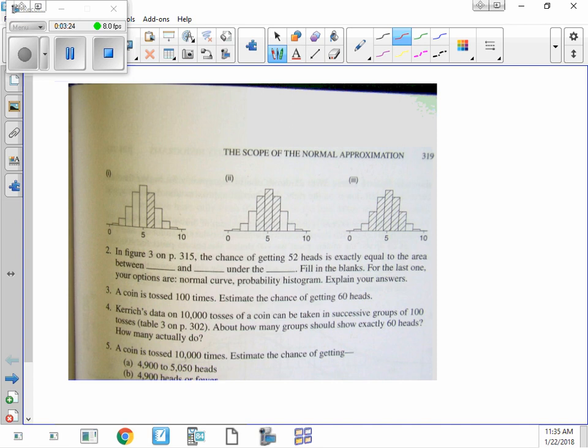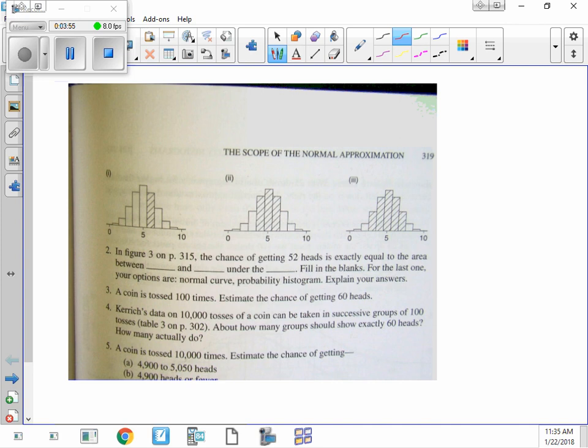In figure 3 on page 315, the chance of getting 52 heads exactly is exactly equal to the area between 51.5 and 52.5 under the probability histogram.